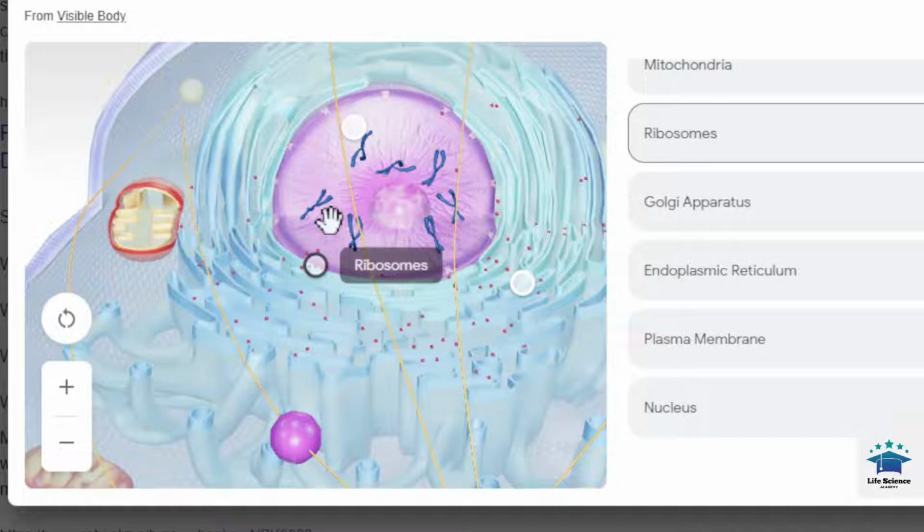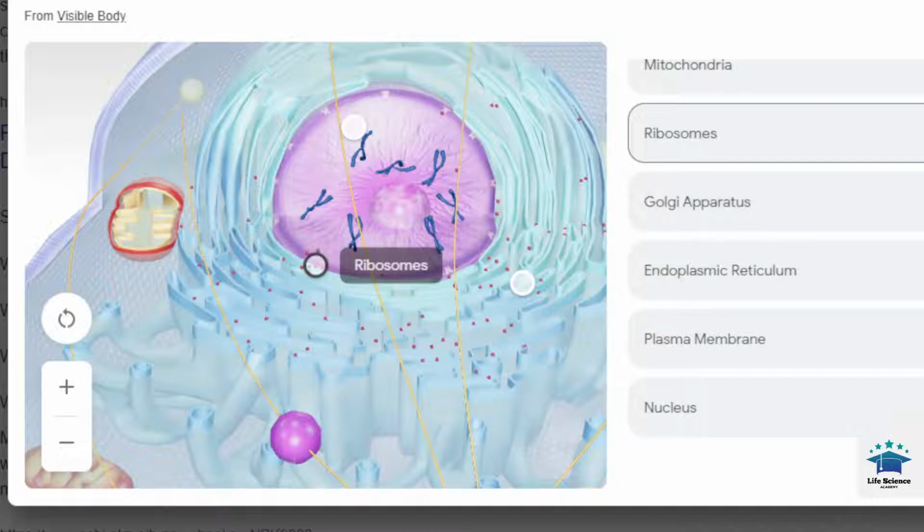The outer membrane of the nucleus merges into the endoplasmic reticulum. This folded structure is the endoplasmic reticulum, and in it there are ribosomes, the protein factory.